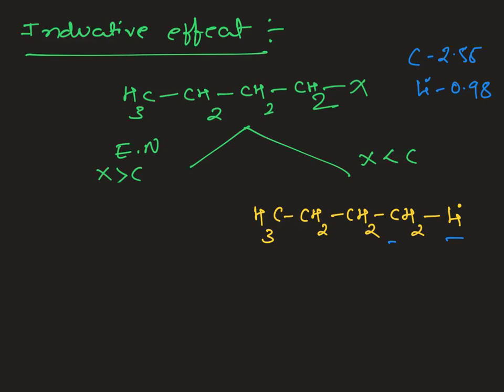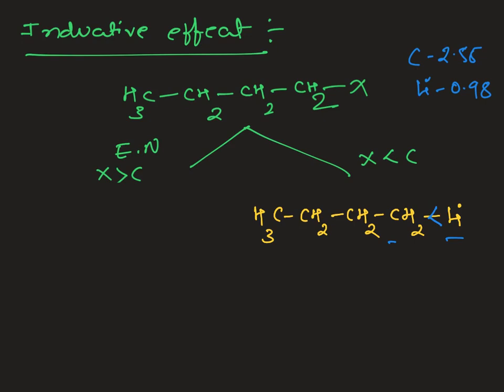So these are two different electronegative atoms, and one of the atoms will drag the bonded pair of electrons towards itself. And here which atom will drag, either carbon or lithium? Definitely carbon is more electronegative, and carbon drags the electron cloud towards itself.